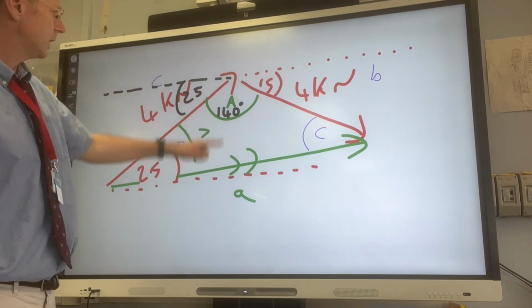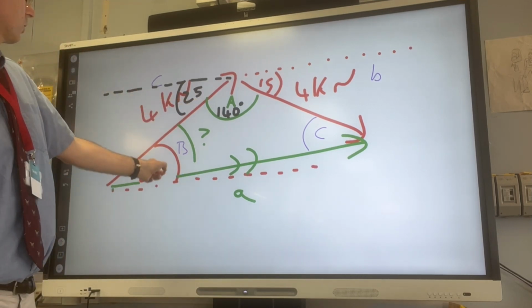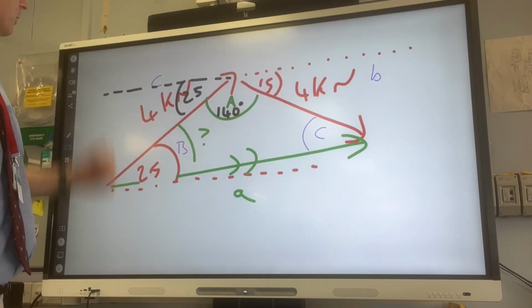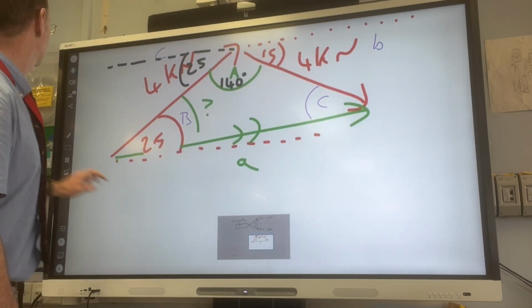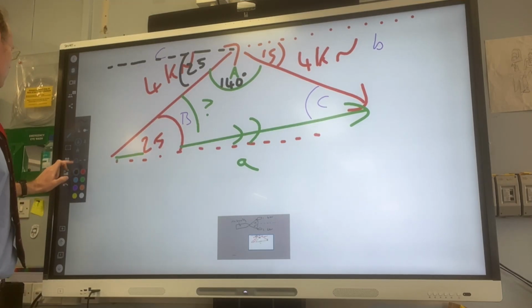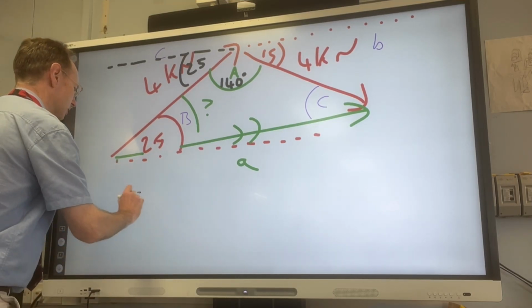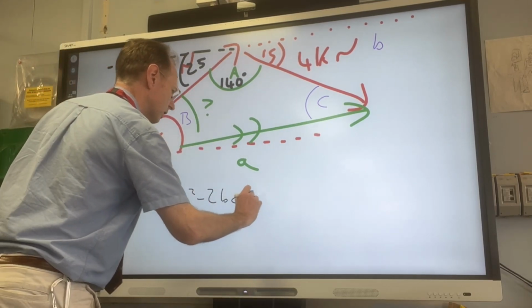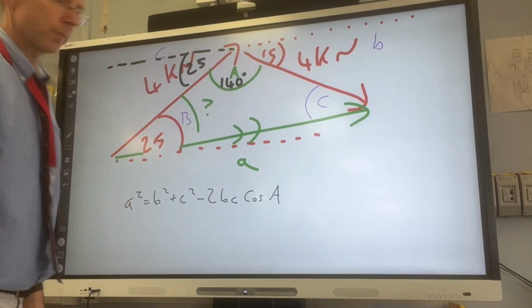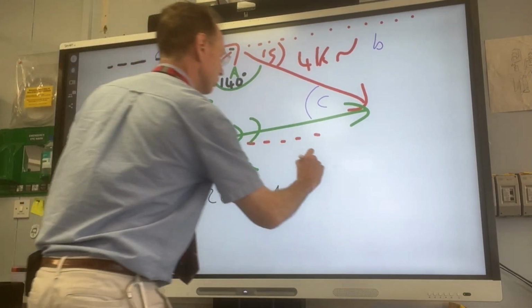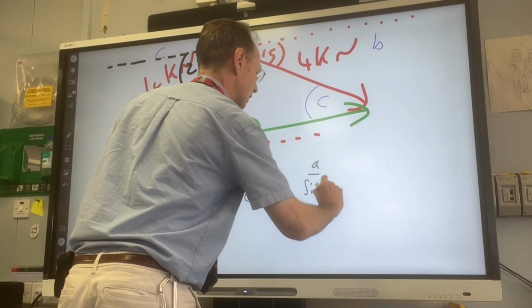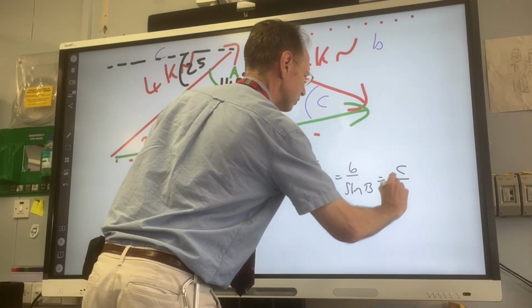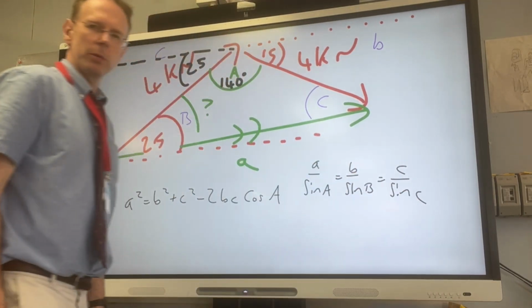So we know A. We want to know B. What can we use? Well, it's either going to be A squared equals B squared plus C squared minus 2BC cos A, or we're going to use A over sine A equals B over sine B equals C over sine C. So we'll do one of these formulas.